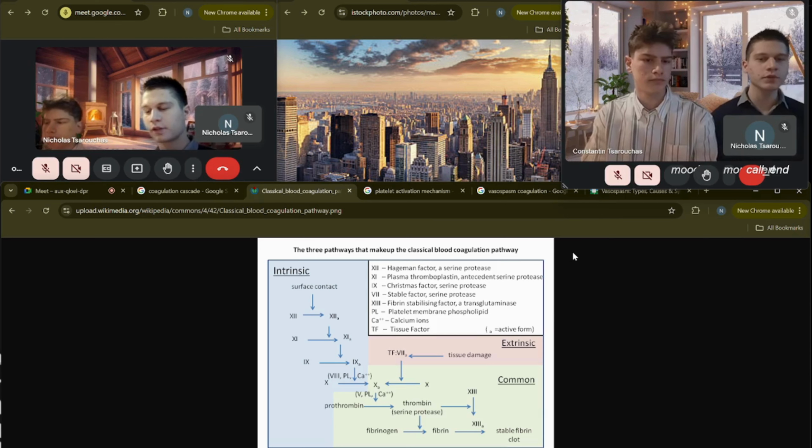Okay, so we've gone through the pathway of the coagulation cascade. I think it's worth also looking into some of the drugs that act here. This is a very important mechanism to target.